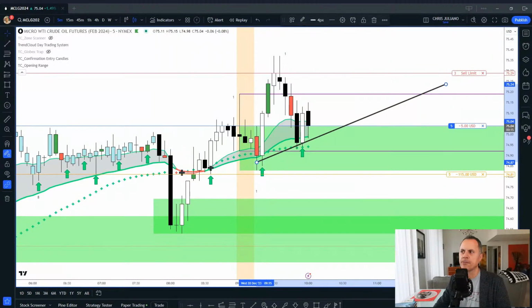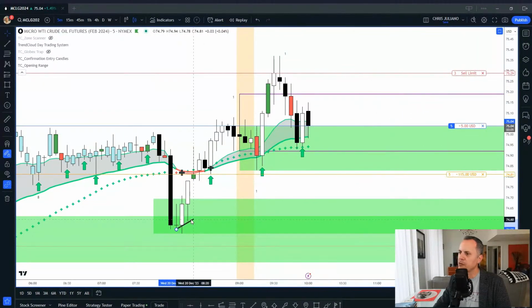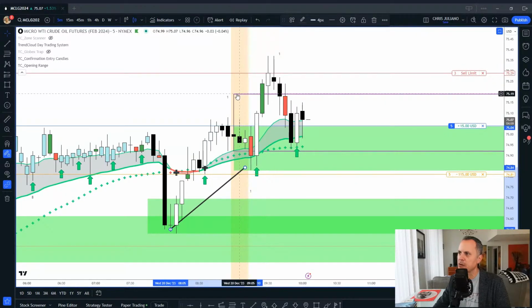Okay, understand? So again, from here, we're going to start to draw our line. We can connect the body of this candle as soon as it breaks through structure here. It broke through structure. Now we can connect that candle.